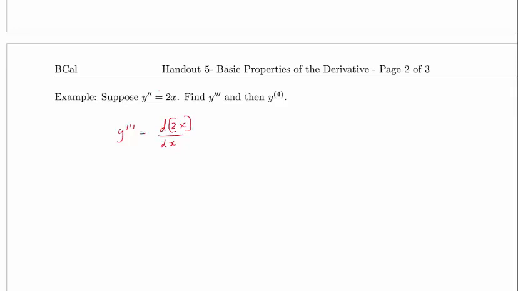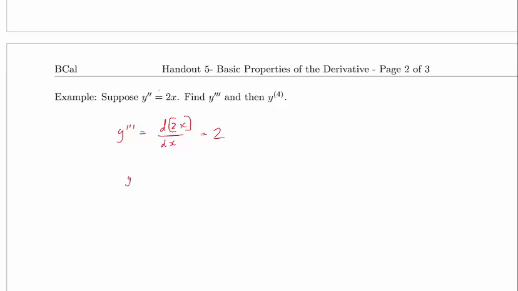And we know this is going to be 2 already. I believe this is one that we did in a previous handout, so let's go ahead and write that. It's going to equal 2. If you have trouble seeing that, also think of it as the slope of the tangent line. Well, any line tangent to 2x is going to have a slope of 2. All right, so that's the third derivative.